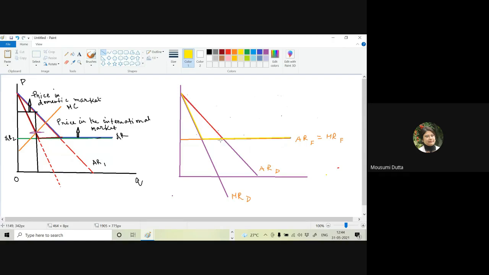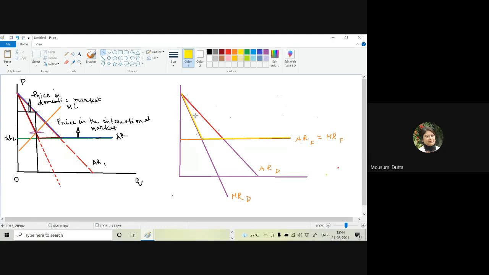However, when you are facing a different elasticity and the lines are cutting each other, when the price comes to this level, you will sell only in the foreign market, because in the foreign market you are getting this competitive price.